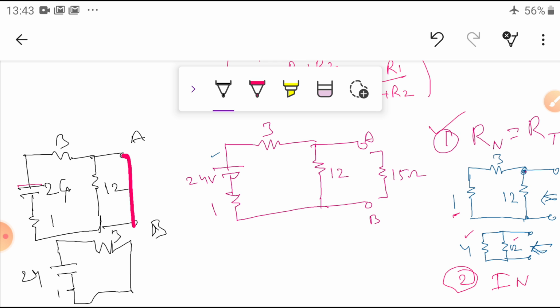The 1 ohm and 3 ohms are in series. I want to know the current: I is equal to V by R. V is 24 volts and R total is 3 plus 1, which is 4. So 24 divided by 4 is 6 amperes. That means 6 amperes of current is coming here.